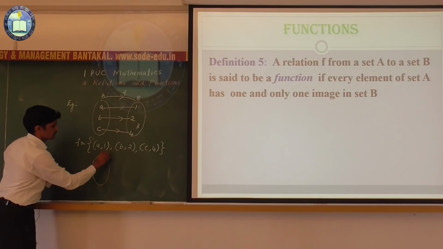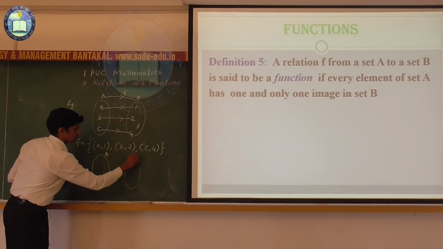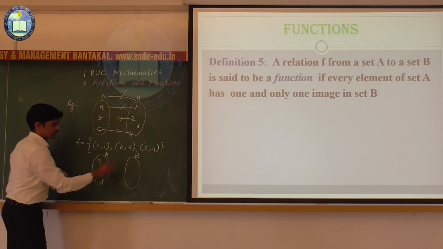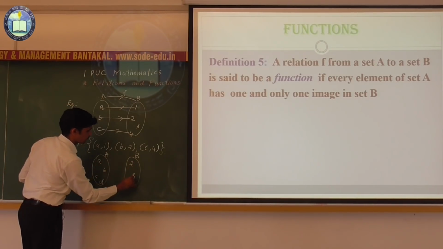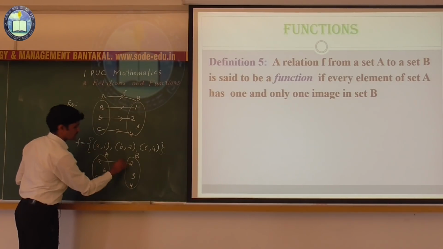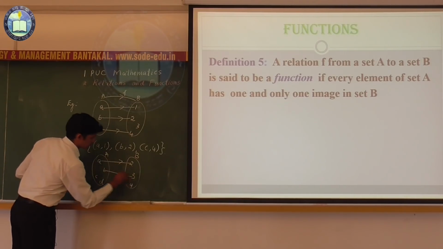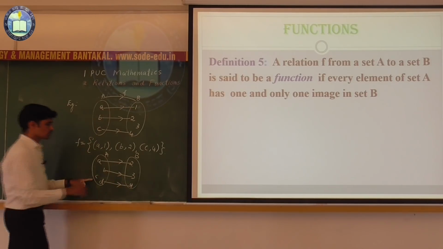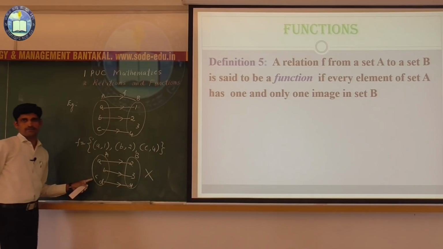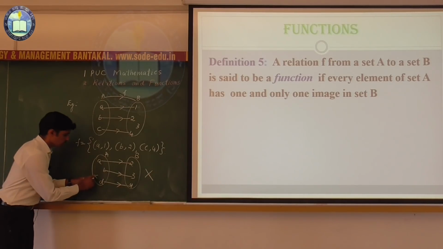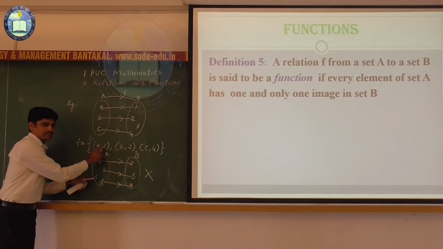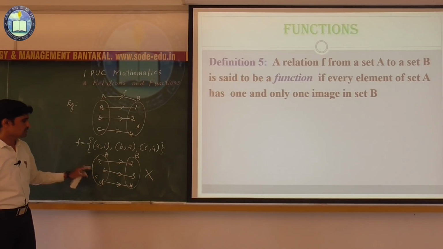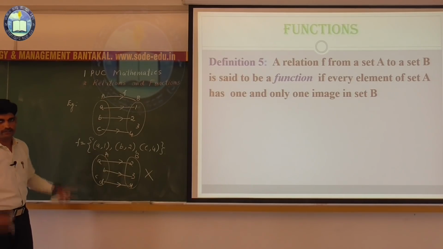For example, suppose set A is equal to the set containing the elements a, b, c, d, and set B has the elements 2, 3, 4, where a is associated with 2, b is related to 3, and say d is related to 3. Then this is not a function. This is not a function because one element in the first set A has no image. This is a relation but not a function.